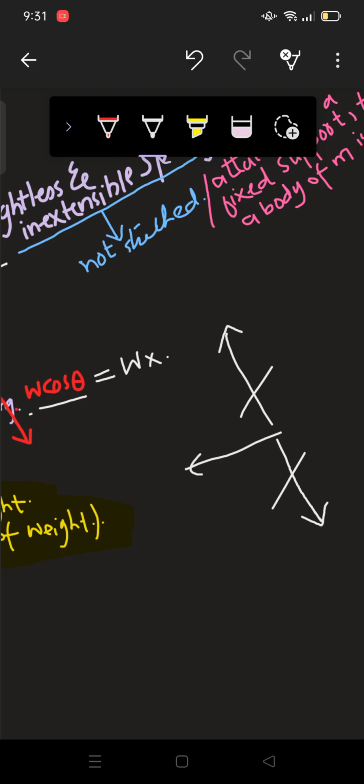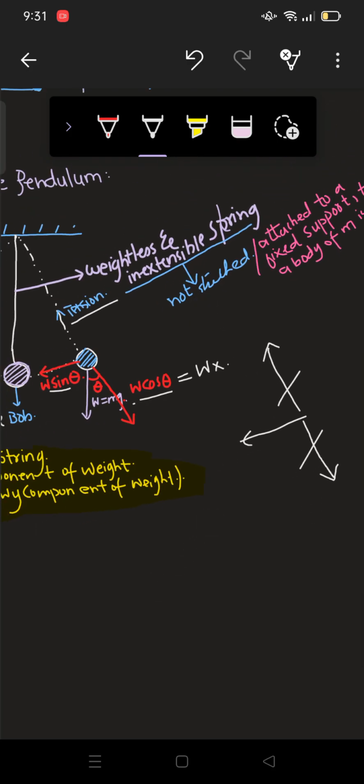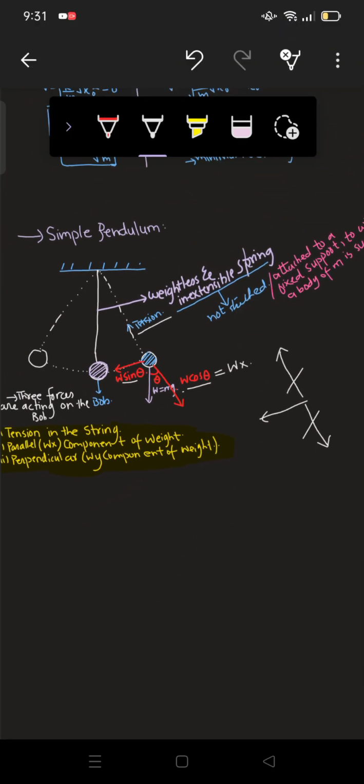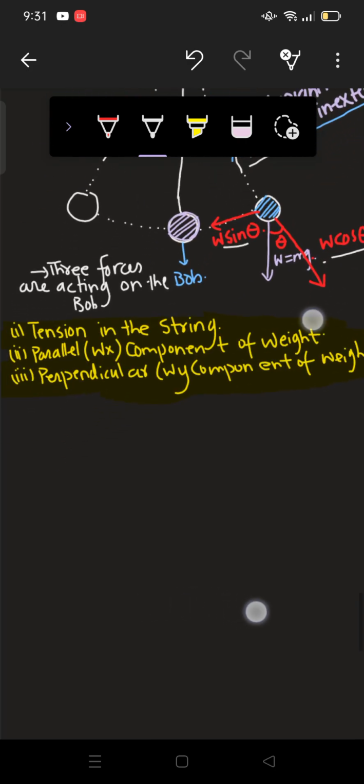If they ask what three forces are acting on a bob, those three forces are tension, the Wx component of weight, and the Wy component of weight. But the only force responsible for the motion of the simple pendulum is the Wy component of the weight, which is W sine theta.